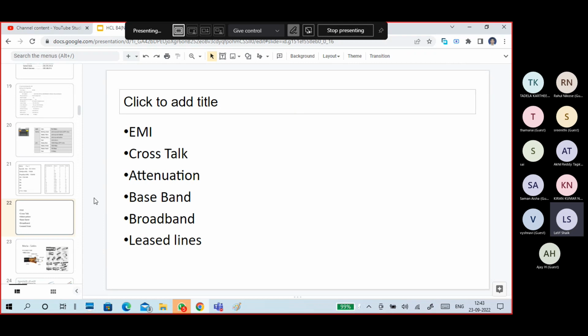The human voice frequency is 20 Hz to 20 kilohertz, and our hearing capacity is also in the frequency range of 20 Hz to 20 kilohertz. For example, you are using a TV remote, so it uses a base frequency.